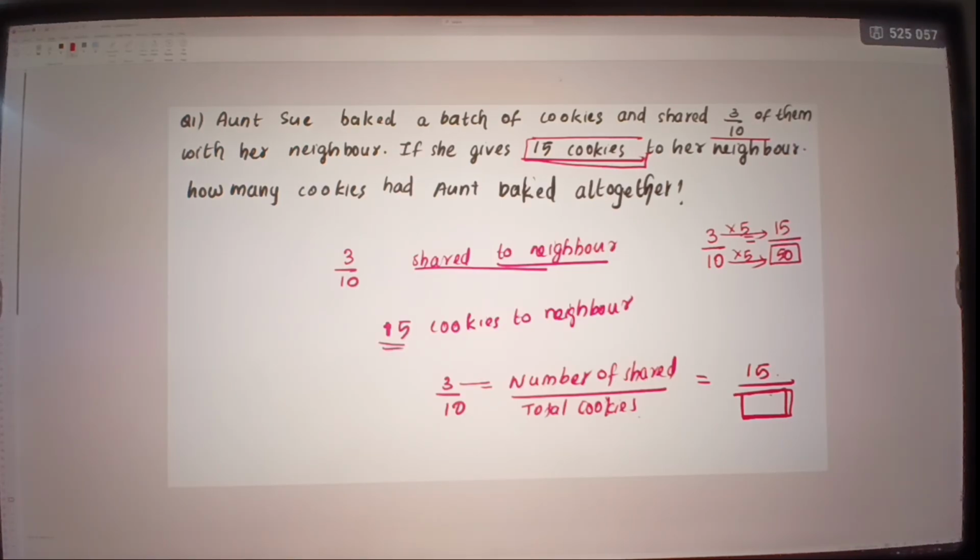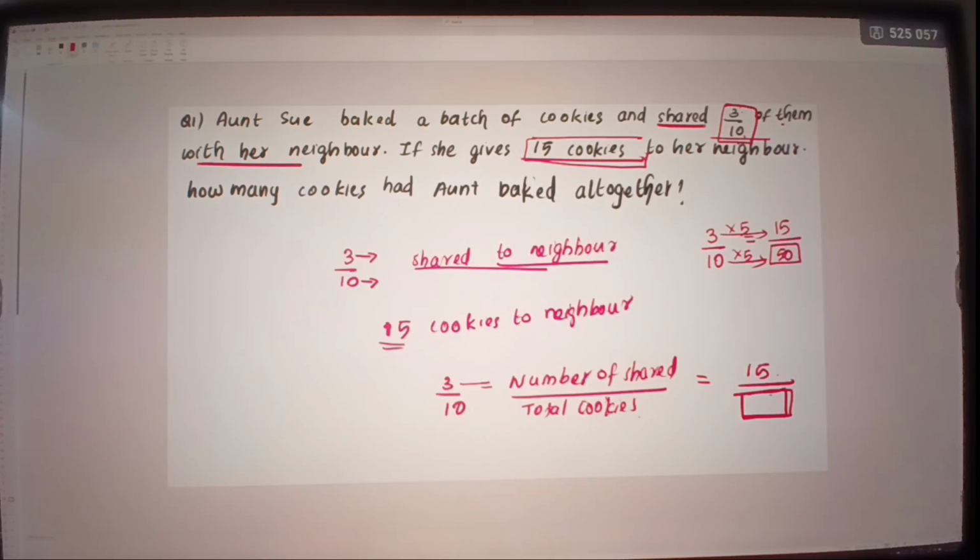So in these equivalent fraction problems, you want to understand what is the fraction given, what is the numerator and denominator given in the question. So you want to write what is the numerator and what is the denominator. So it is given 3 out of them are shared.